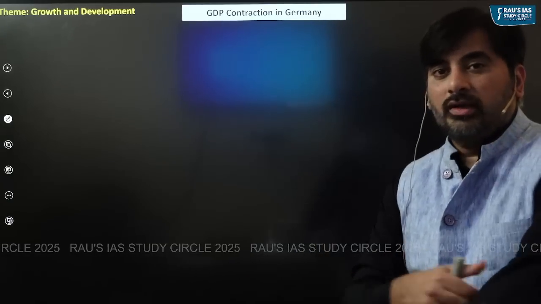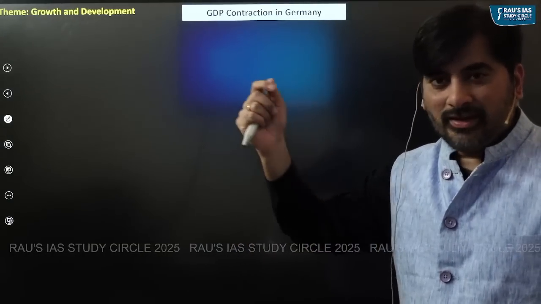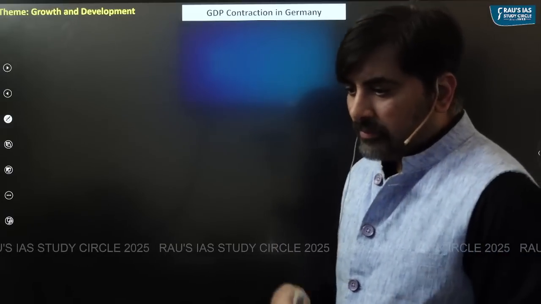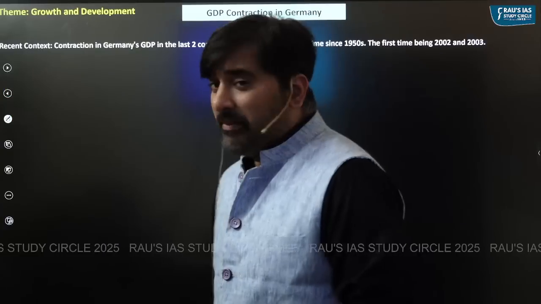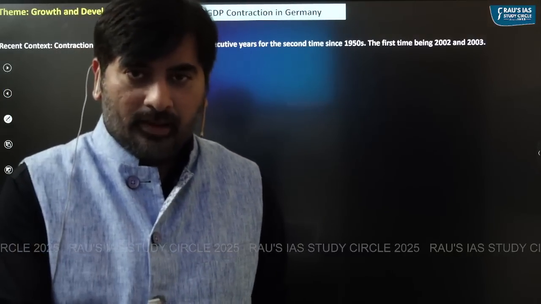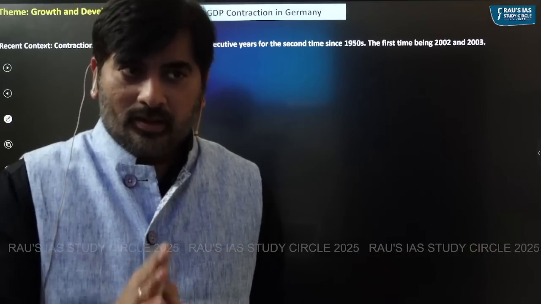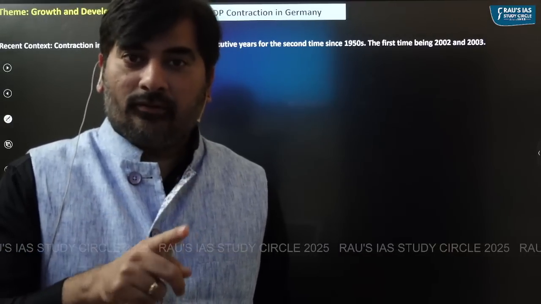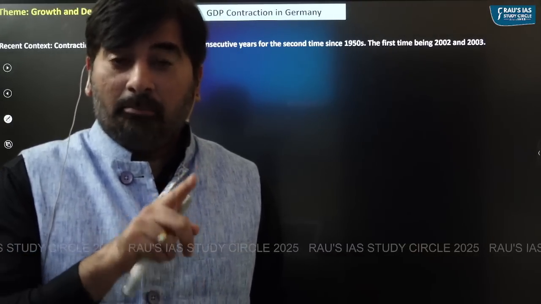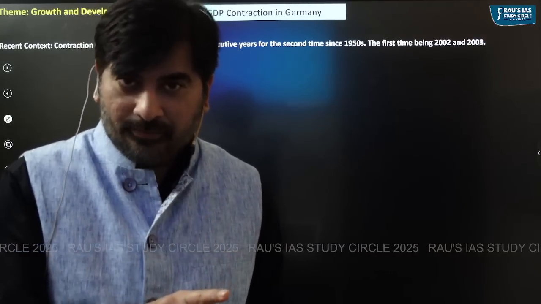Let's get into some specific problems faced by the economies, starting with Germany. Now, as far as Germany is concerned, Germany has faced contraction in its GDP for 2 consecutive years. And this is the second time where Germany has faced back-to-back contraction since 1950s.